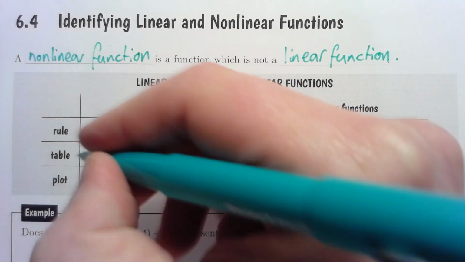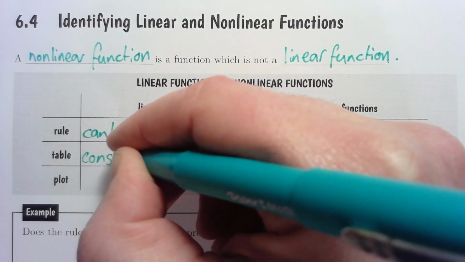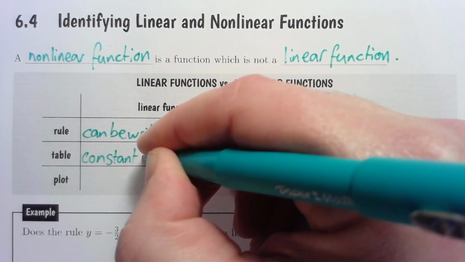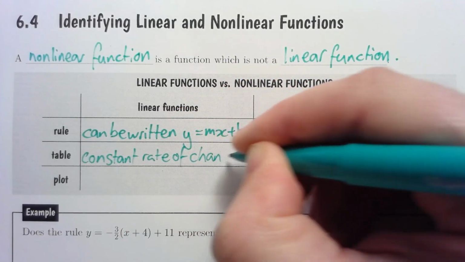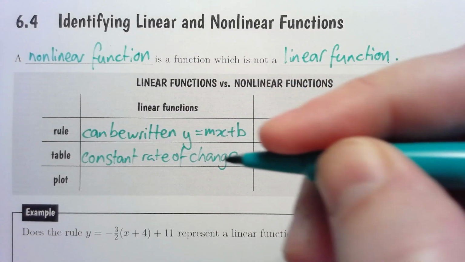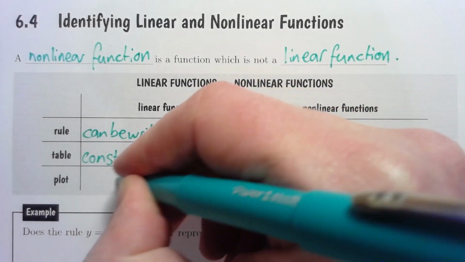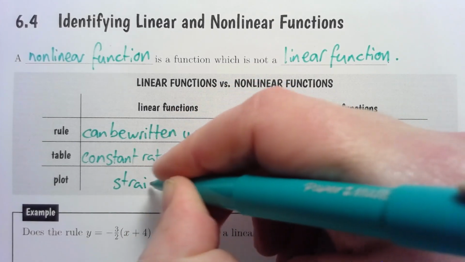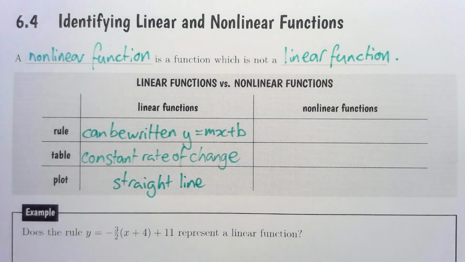A table, well, the way we tested whether it was linear, the way we defined it, was whether it had a constant rate of change. We know with a linear function we can choose any pairs of entries in our table, find the rate of change, and we should always get the same thing. That's not true for nonlinear. For a plot, which is just another name for a graph, it needs to produce a straight line. If you remember, that's where the name linear function comes from. These are graphs of straight lines.